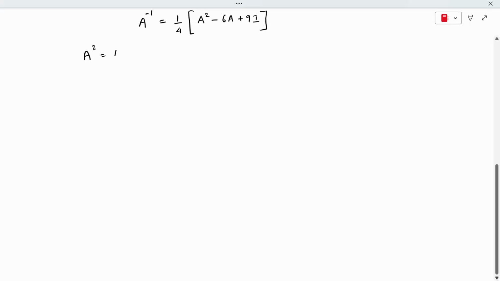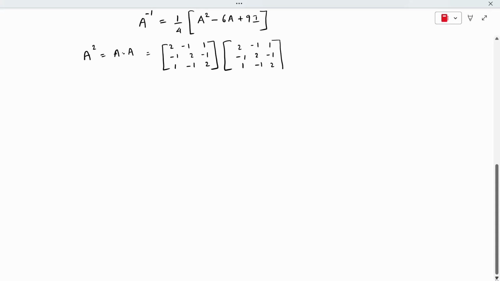A squared is the A matrix into A. So write the matrix: 2, minus 1, 1; minus 1, 2, minus 1; 1, minus 1, 2.